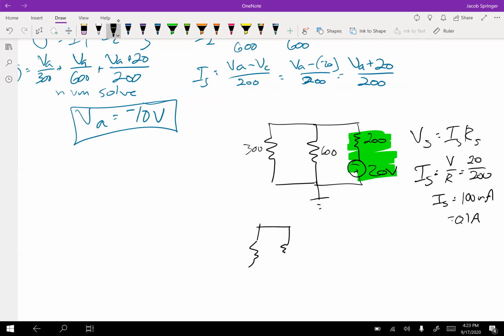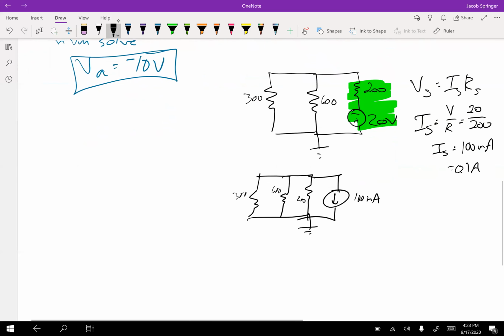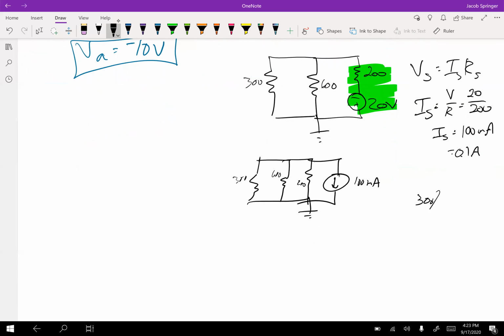So redraw, and now I have arrows going down, right? It's going down because the plus of the 20 volts is going down. And so I have 100 milliamps. And then I have each of these, 200, 600, 300. If I wanted, I could do a current divider rule from here. Not necessary. If I wanted to also combine everything, the 300 is in parallel with the 600, which is in parallel with the 200.